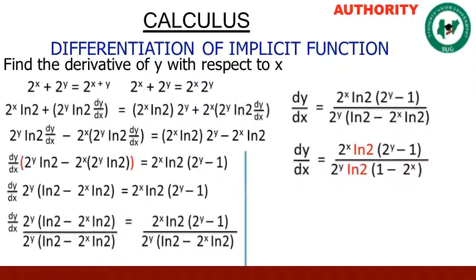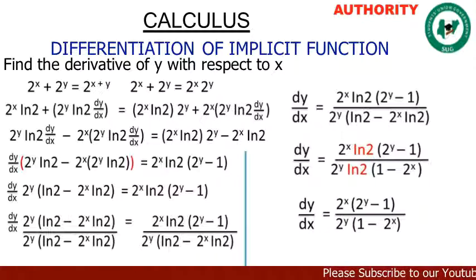From here you can see that there is ln 2 in our numerator and ln 2 in our denominator. Let's cancel out. So we'll be left with dy all over dx is equal to 2 raised to power x open bracket 2 raised to power y minus 1 all over 2 raised to power y open bracket 1 minus 2 raised to power x.